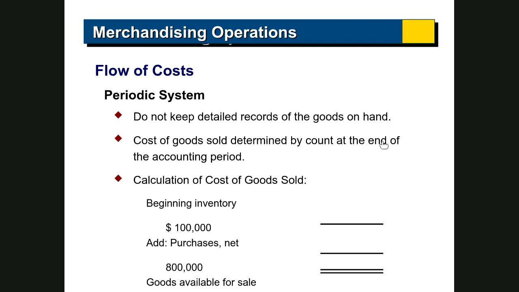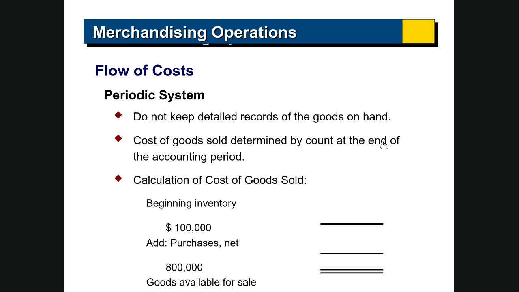At the end of the period, you physically count the inventory. You physically take account of how much inventory is left, right? And you subtract that from the cost of goods available for sale, and that gives you the cost of goods sold. So whatever you had ready for sale minus what is left at the end equals what is sold.